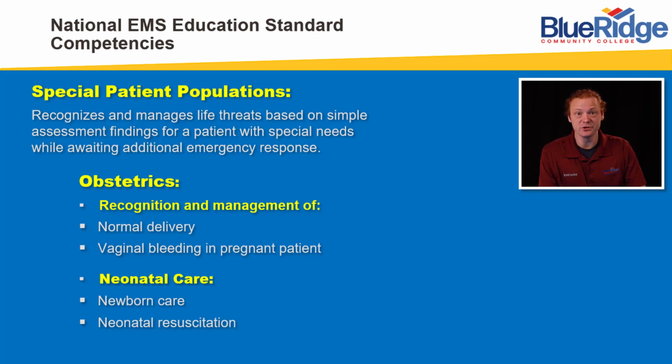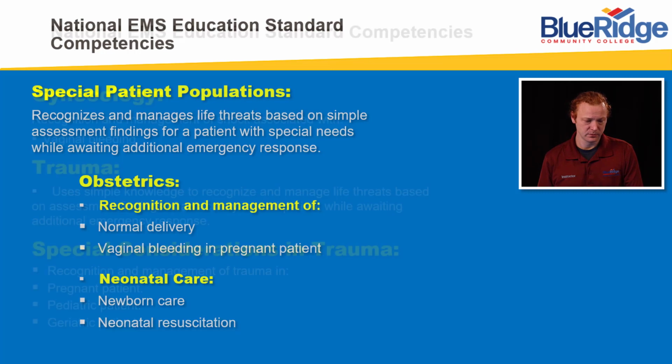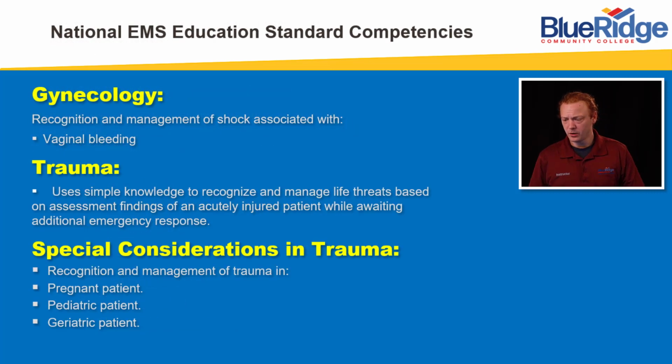childbirth, vaginal bleeding in a pregnant patient, also neonatal care, care for a newborn patient, and neonatal resuscitation. This will be in addition to what we learned in our BLS life support component. Also looking at gynecology, recognition and management of shock associated with vaginal bleeding, trauma.